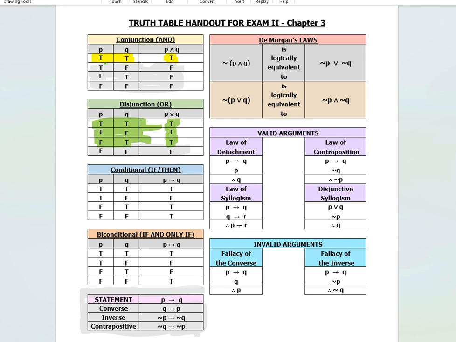So you're starting with the original statement in the pink, if P, then Q. The converse would be if Q, then P. The inverse would be if negate P, then negate Q. And the contrapositive is if negate Q, then negate P.